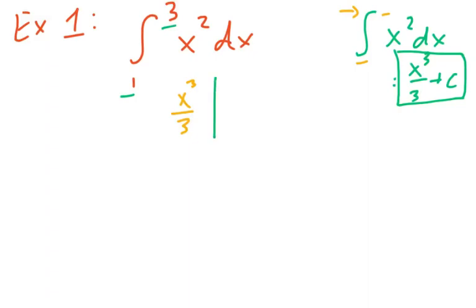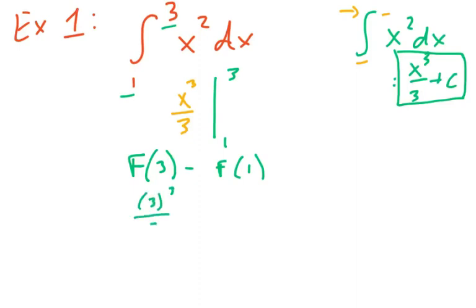Instead of the plus c, we're going to go straight to this vertical line, saying I'm now going to evaluate this function on that interval that I'm given. That interval is from x equals 1 to x equals 3. So next we evaluate F of the higher limit minus F of the lower limit. So what I have to do is plug 3 into my x cubed over 3.